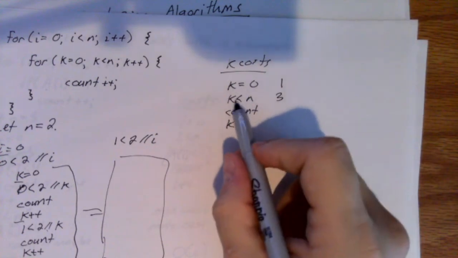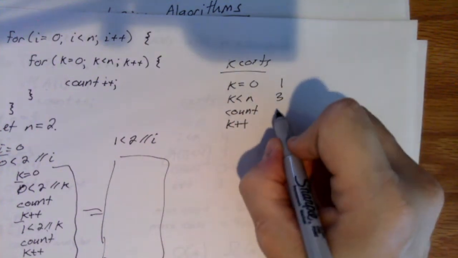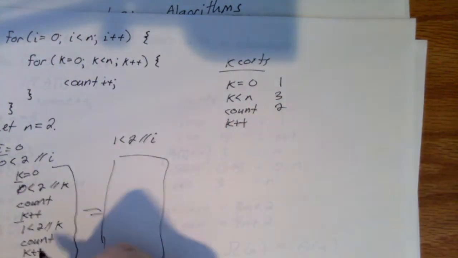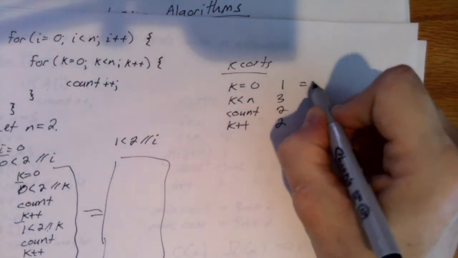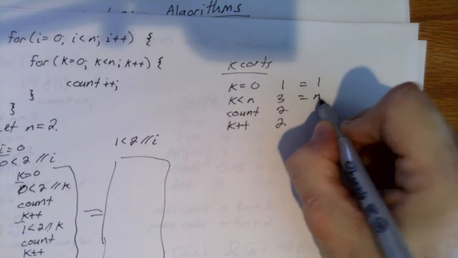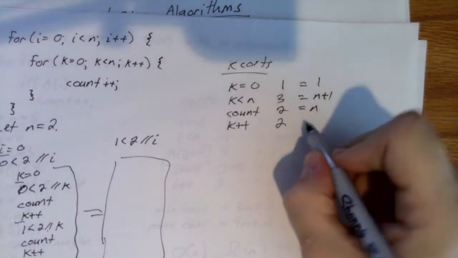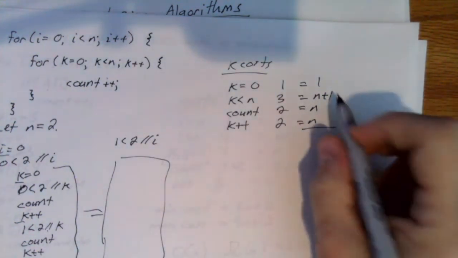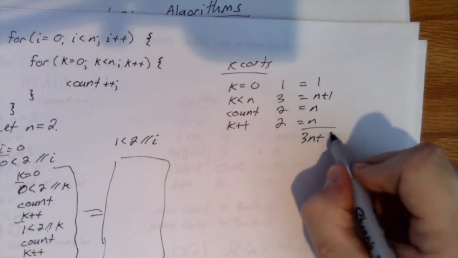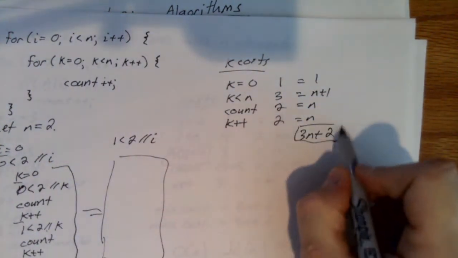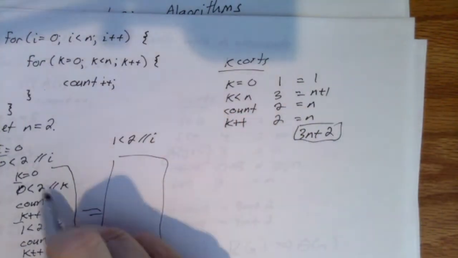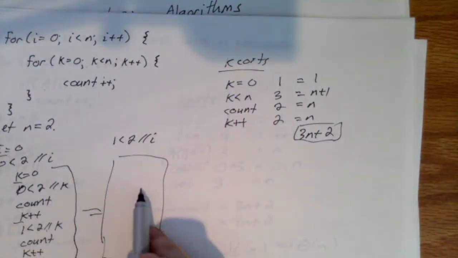We asked if K was less than n. This happened twice, count, and then K plus plus happens 2. And in terms of n, this is still just 1, n plus 1, n, and n. And the cost on this is 3n plus 2. Just like we had before, right? That's just for each of these K loops. So that happened here, that happened here.